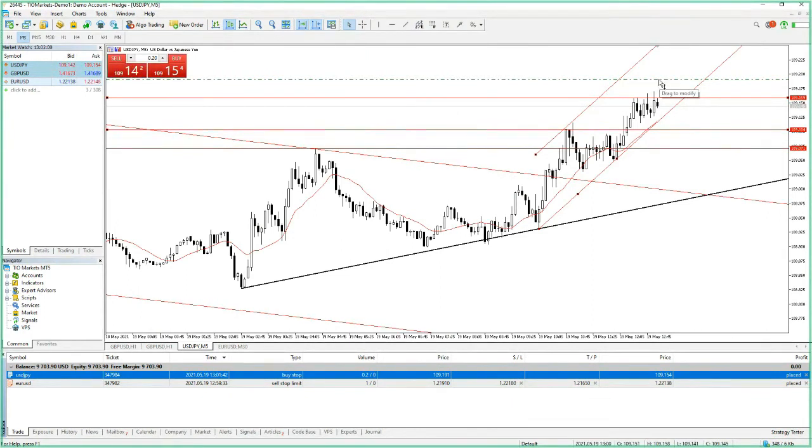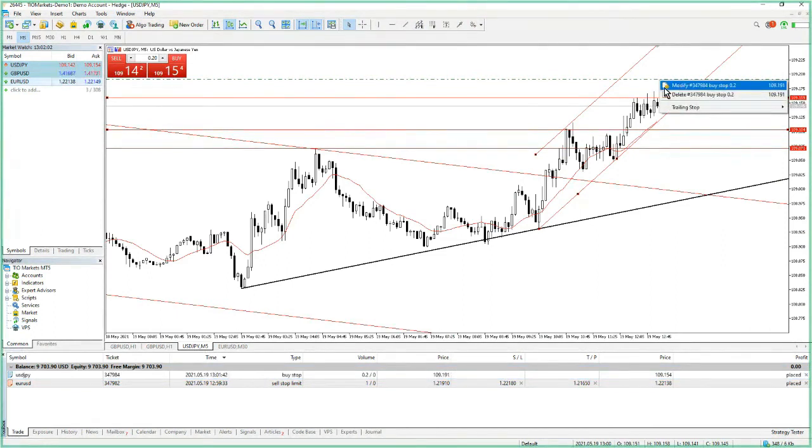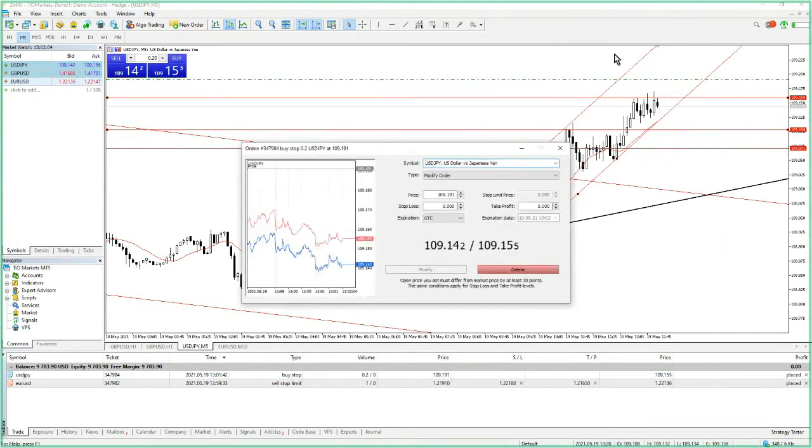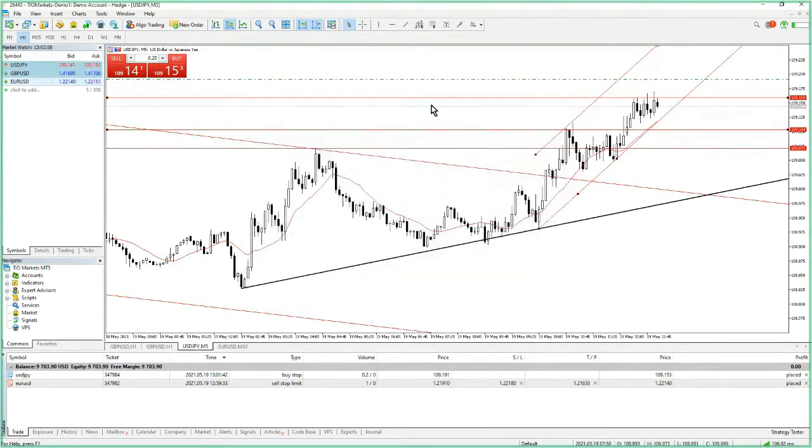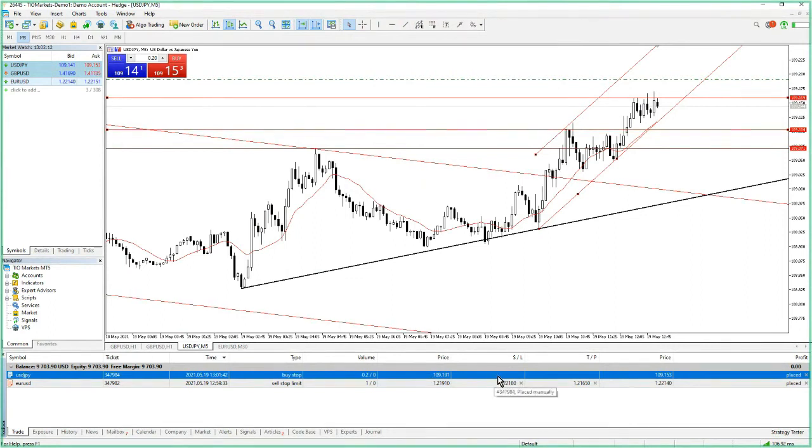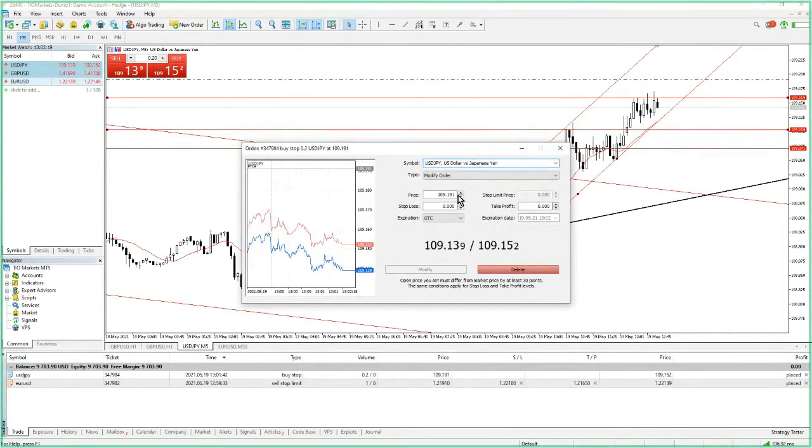One of them is to right click and then go to modify and do what you did earlier. And the other option is to go here where the order is in the terminal. You double click on stop loss and that opens the same window again.